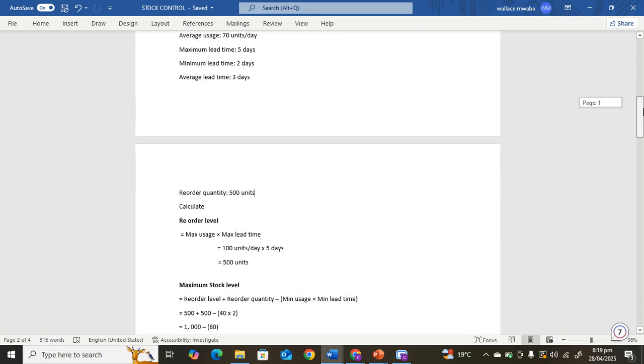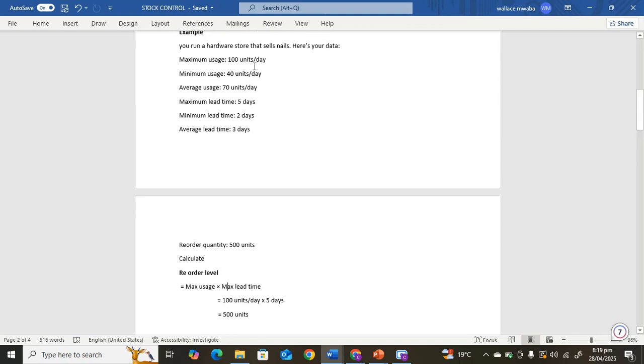As we looked at this example last time, we even solved it, but I'll just go through the workings. The reorder level is the maximum usage, the maximum amount of nails sold per day, times the maximum lead time. The maximum usage from this data is 100 nails a day. Maximum lead time, 5 days.